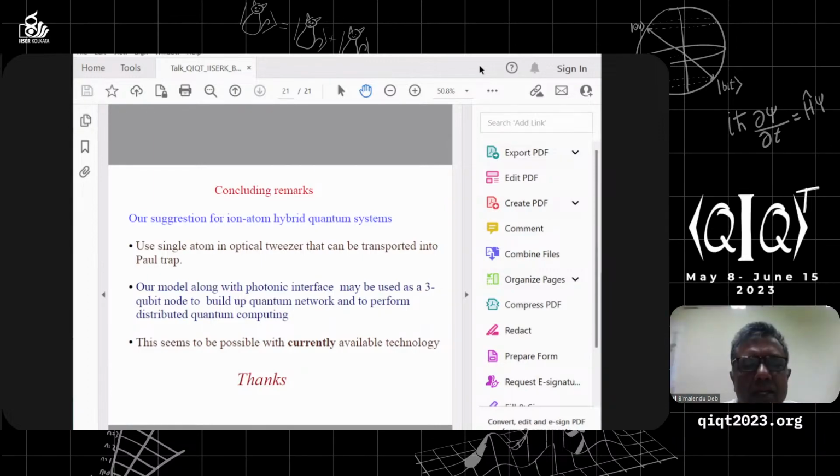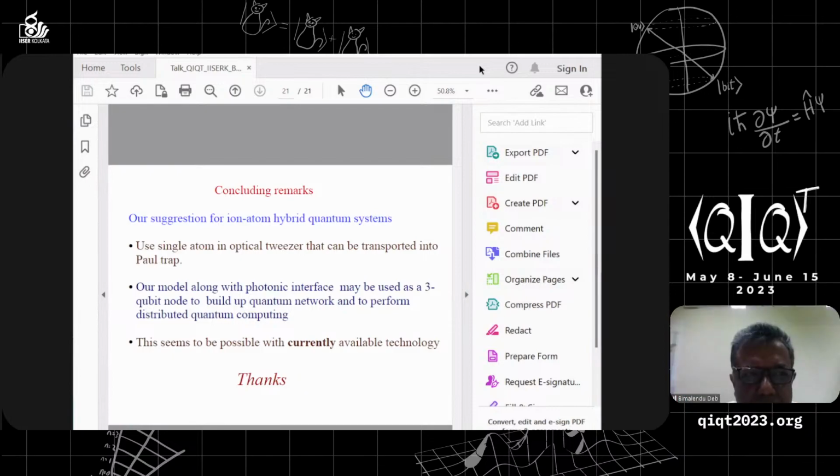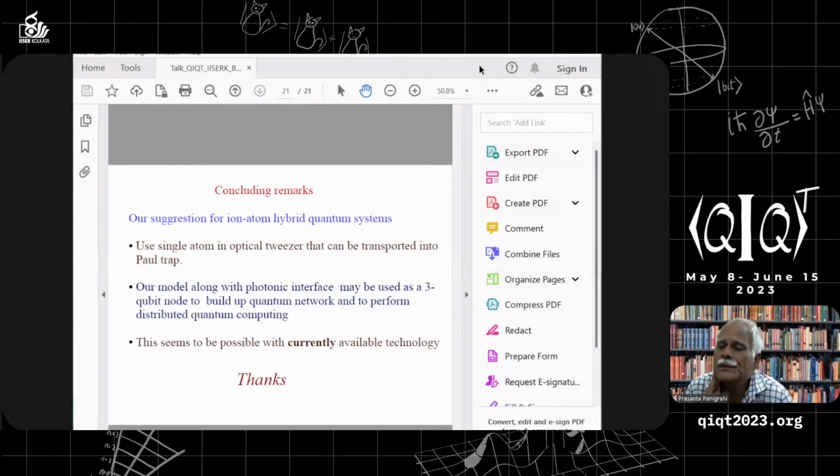And in ions and atoms with lasers, it is easier to address qubits. Because other complications will come into play if you consider qutrits. Yeah, that is true.